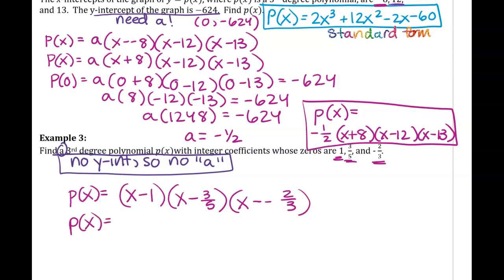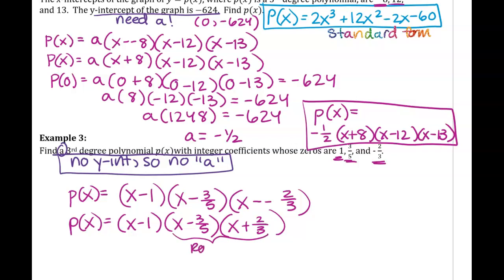Let's rewrite it. X minus 1, x minus 3/5 times x plus 2/3. But we need to rewrite these with whole numbers, just to be proper. It's not that it's wrong, but generally we like to have whole numbers.